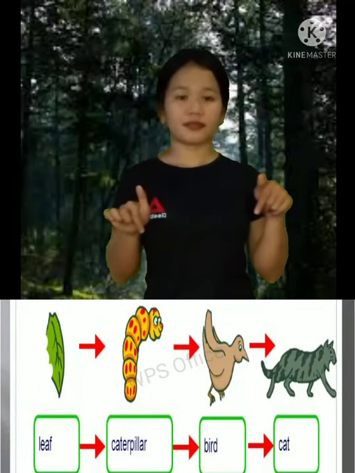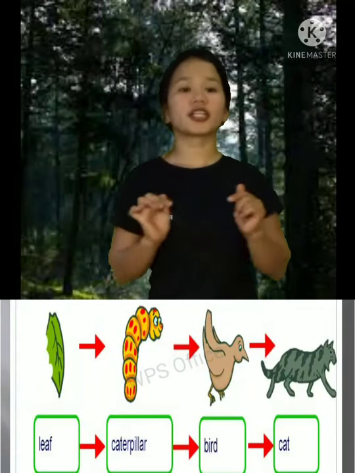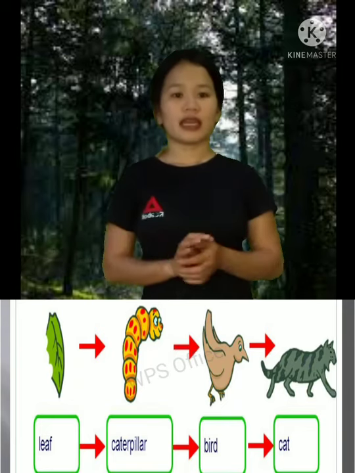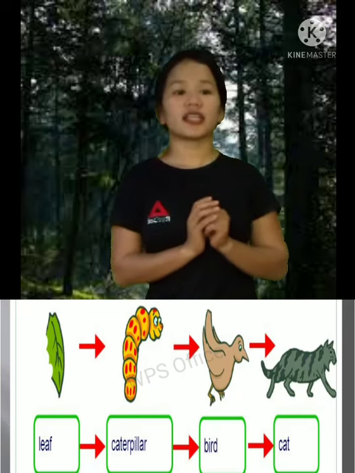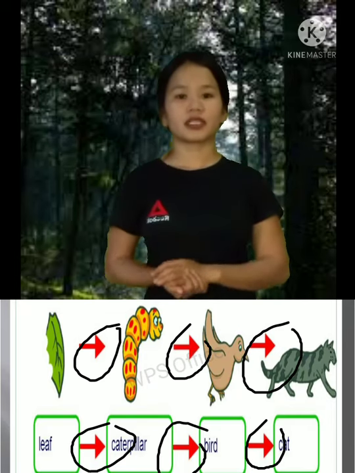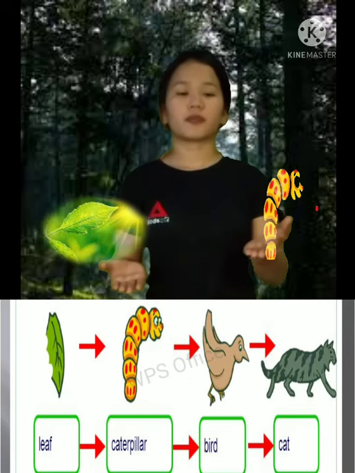In this cycle, how energy gets transferred between producers and consumers. As you see in the picture, there is an arrow. This arrow means "eaten by." For example, leaf eaten by caterpillar.